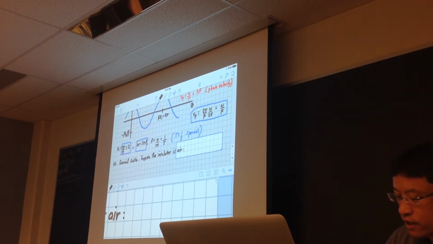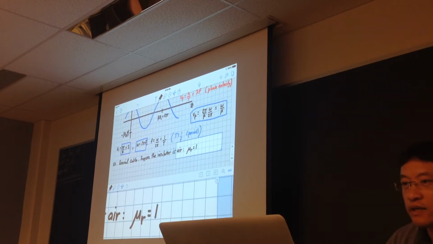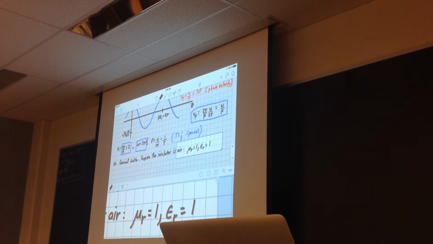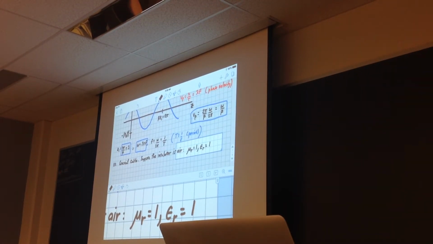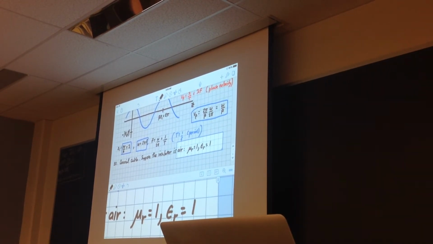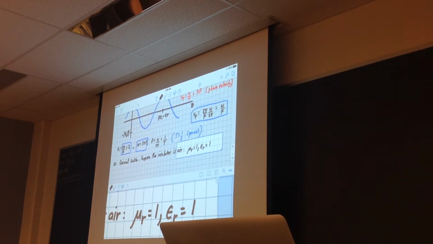Okay, so for the insulator, the permeability mu r is 1, and the permittivity epsilon r is 1. Permeability, we will see, characterizes the magnetic properties. It's non-magnetic. And epsilon r characterizes the dielectric properties, and the dielectric property of air is that it has a relative permittivity, or epsilon r, of 1. So these two numbers mean we have air inside of our coax.